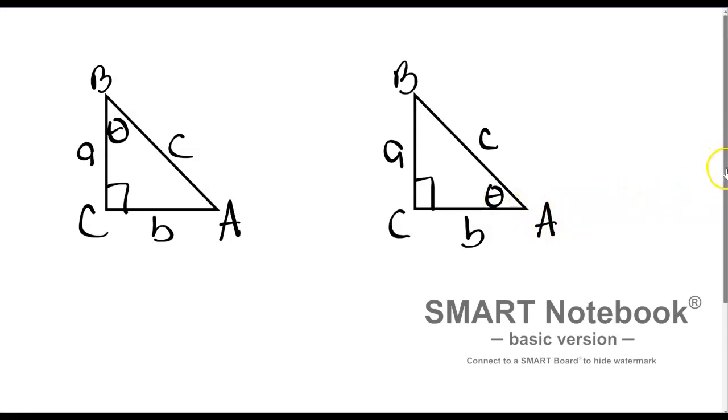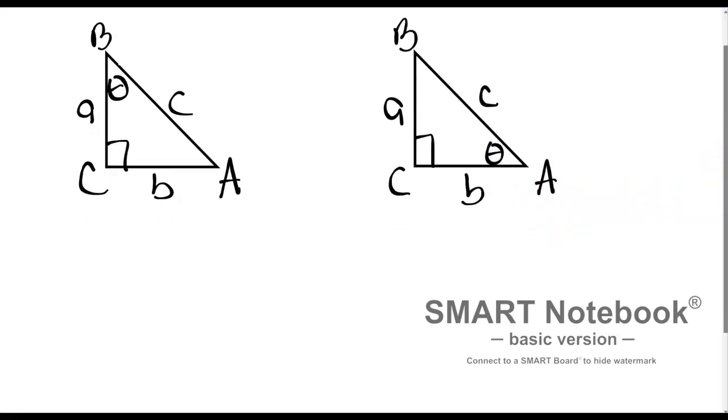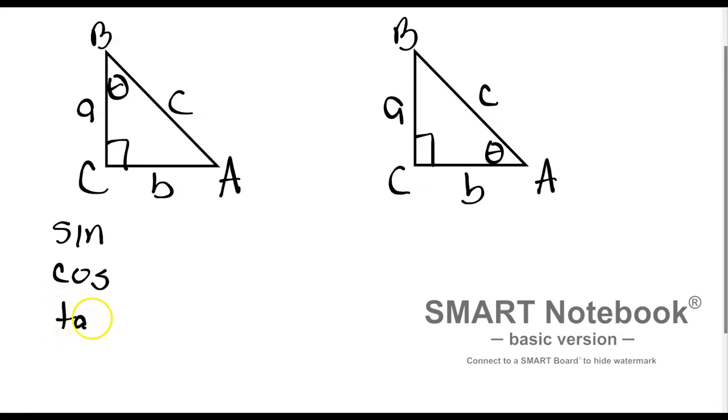So let's do a couple of things here for your notes and to really take the lesson to a different level. We're going to do sine, cosine, and tangent on both of these thetas.